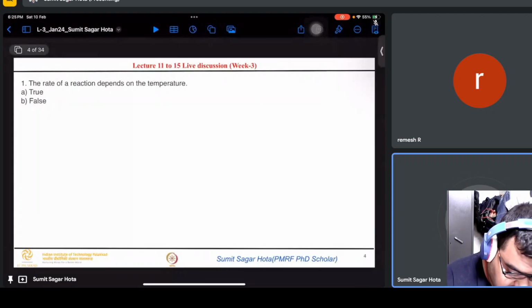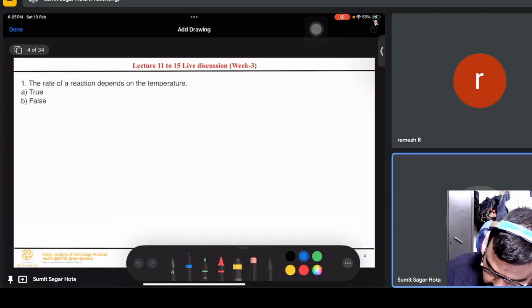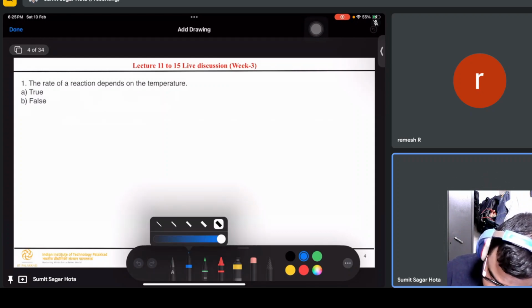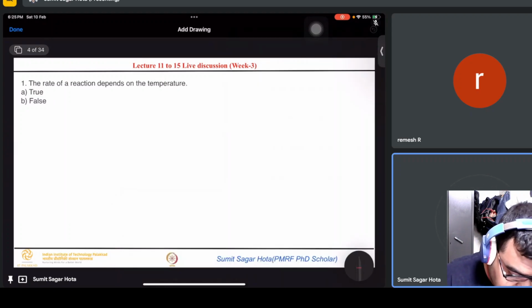The rate of reaction depends on the temperature. Sometimes this simple question.